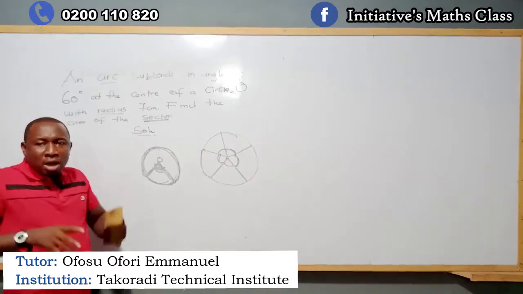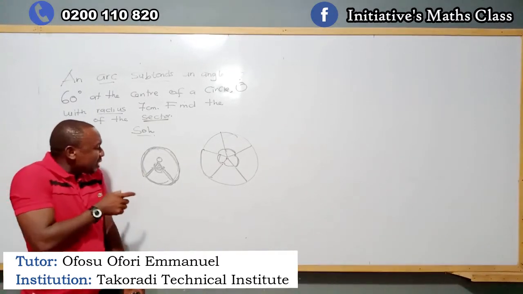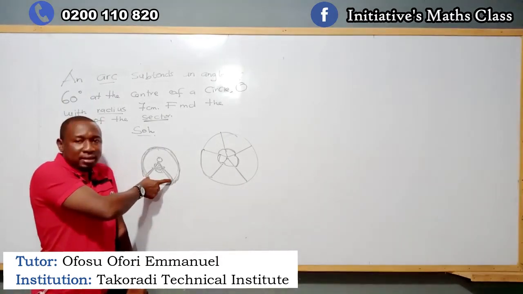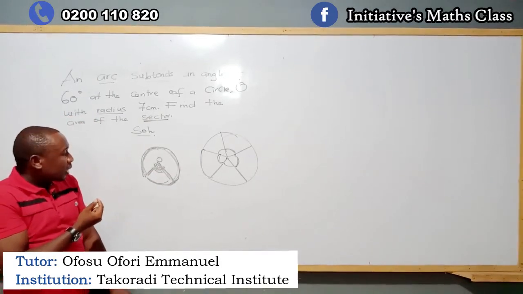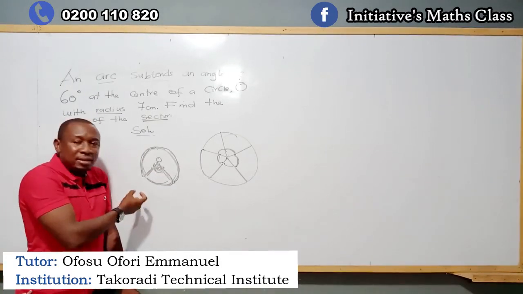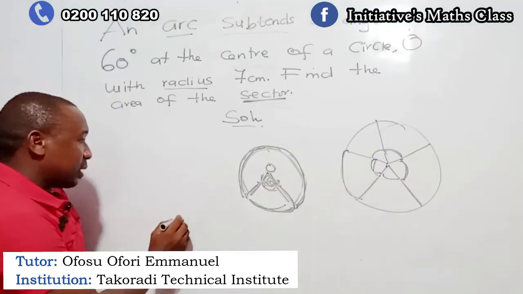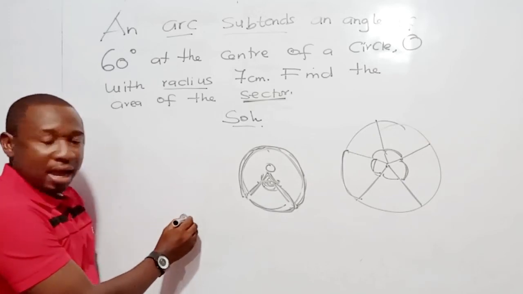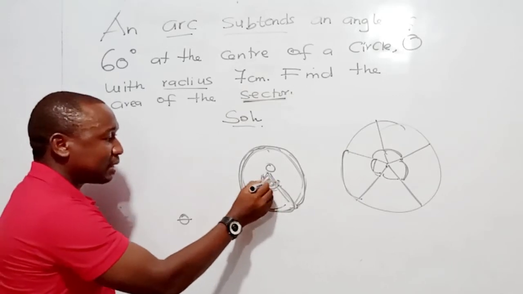So if the whole area is pi r squared, then we are only interested in this section, which is the area of this sector. So what we need to do is to find the angle that the sector comes with, which is theta, the angle here.